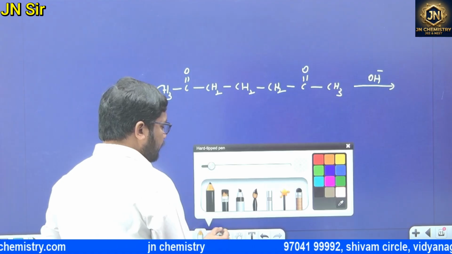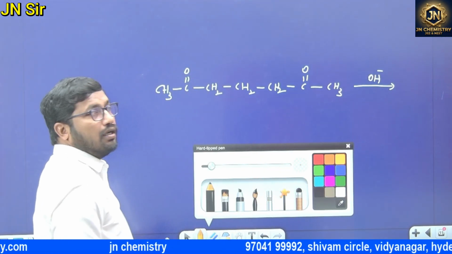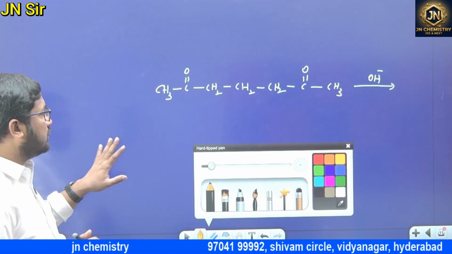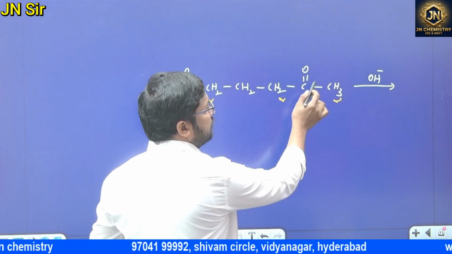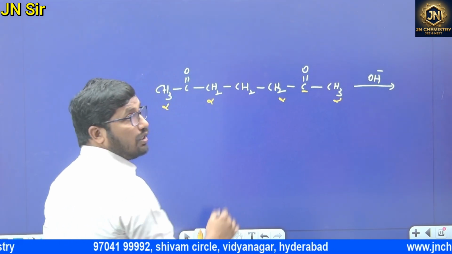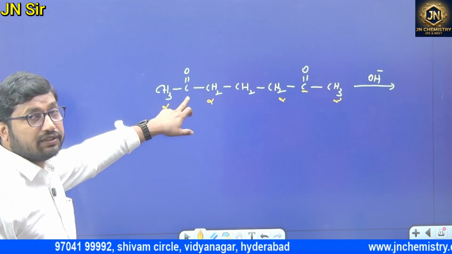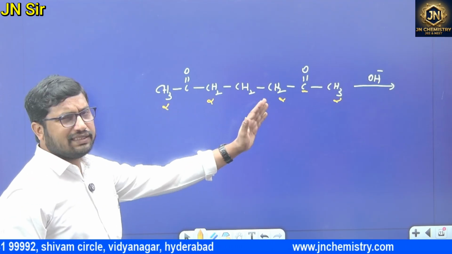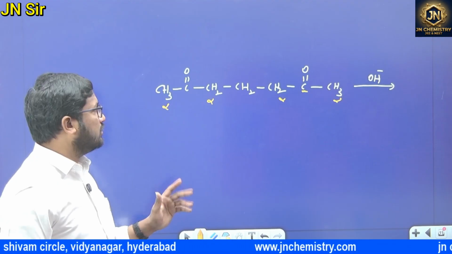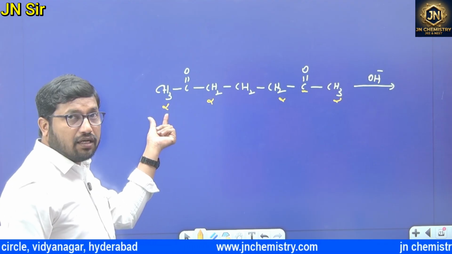First, in the mechanism, we need to remove the alpha hydrogen. First identify the alpha: this is alpha, alpha, alpha, alpha. With respect to the C double bond O group, both are alpha, alpha. Now try to understand, it is a symmetrical molecule, no issues. We can take this alpha hydrogen and this.